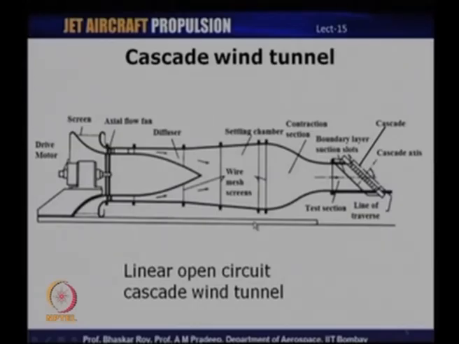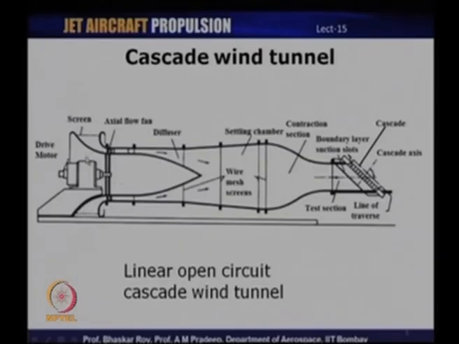There are also closed circuit wind tunnels, wherein the same flow enters a loop and is circulated within the test section and the cascade. That is known as a closed circuit cascade. Here it is called an open circuit because the ambient air is sucked in and then exhausted. It is not the same air which is continuously recirculated.